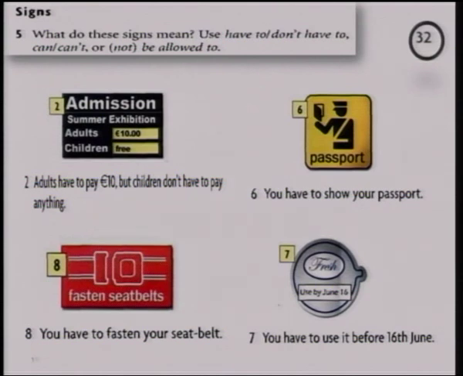You have to show your passport. And number 8. You have to fasten your seat belt. And the last one, number 7. You have to use it before 16 June. So this is revision about obligation and permission from the last lecture.